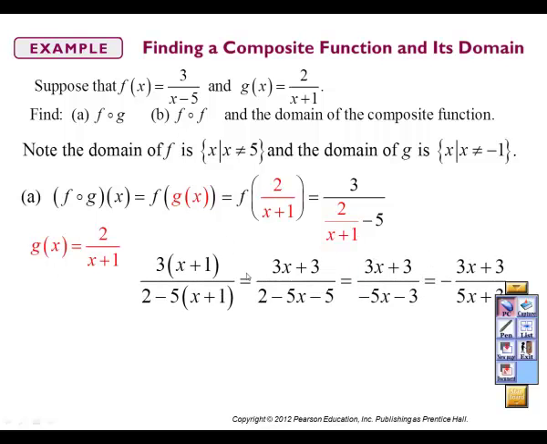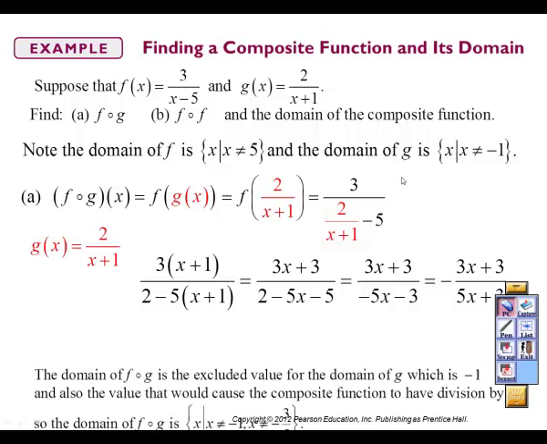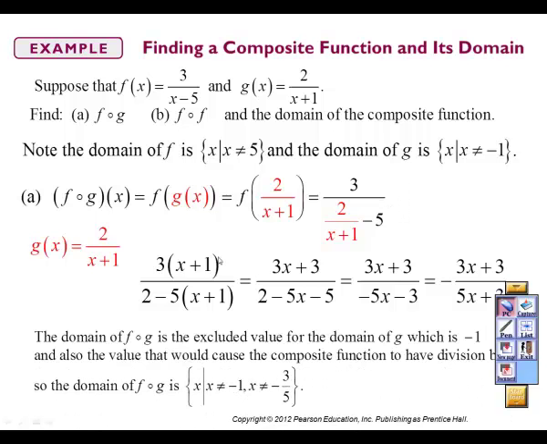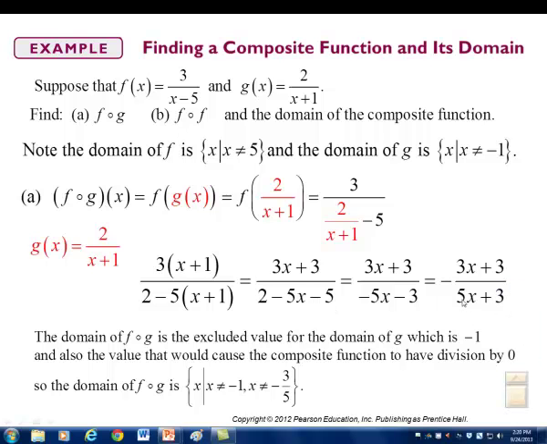And then here we multiplied that x plus 1 over the x plus 1, and we got that 3x plus 1. And then here the x plus 1's cancel for the 2, and we distribute it, and here they factor the negative out. But when you go to solve for x plus 3 here, set that equal to 0, minus 3 divided by 5, you still get negative 3 over 5.